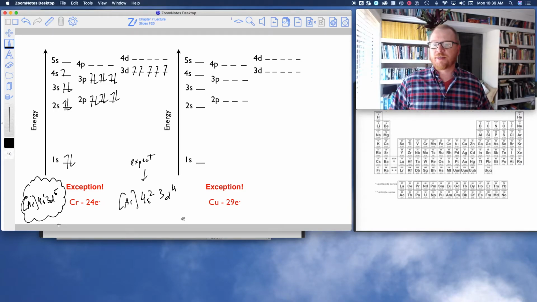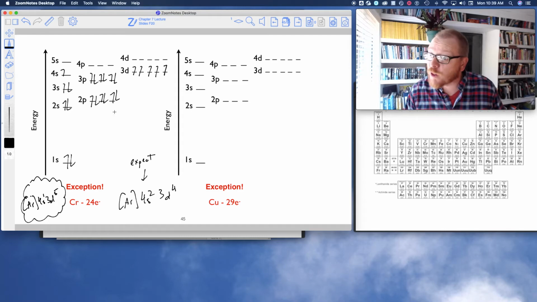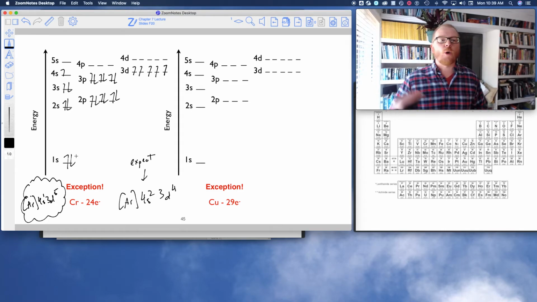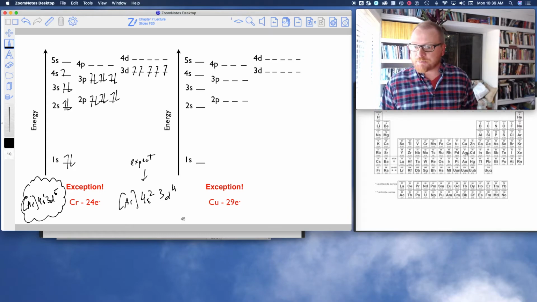So we noted that the transition metals can often have variable oxidation states. Like, for example, sometimes iron can be +2, sometimes iron can be +3. That's because of all of this complication. Because there's so many different rearrangements of the electron configuration, the transition metals are a mess.